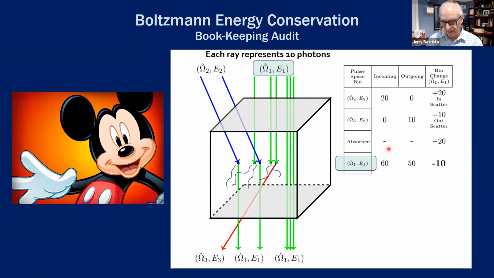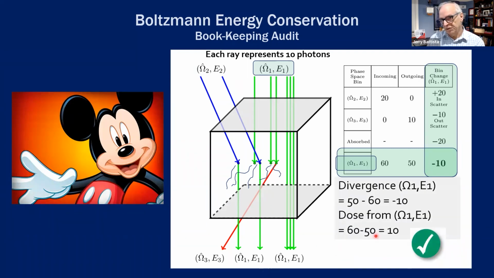So let's do the math, and this you can do at your leisure after this lecture, but if you look at these particles with angular direction omega-1 and energy E1, incoming we had 60 of them. Each one of these is 10 photons, 60. Outgoing, we have 50. So we had a loss of 10 in that bin in phase space. And the divergence ends up showing that it's minus 10.